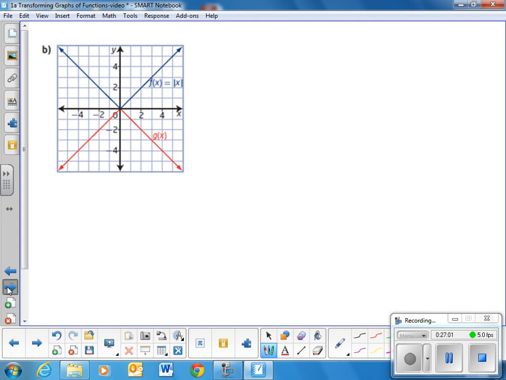One last example for today, same idea, this is part B. This one, the shape of the graph hasn't changed, but what's changed is the orientation. So it's gone from opening up to opening down. If we look at our mapping diagram then, each of these x values has gone from here to here. Sorry, the y values are what has changed.